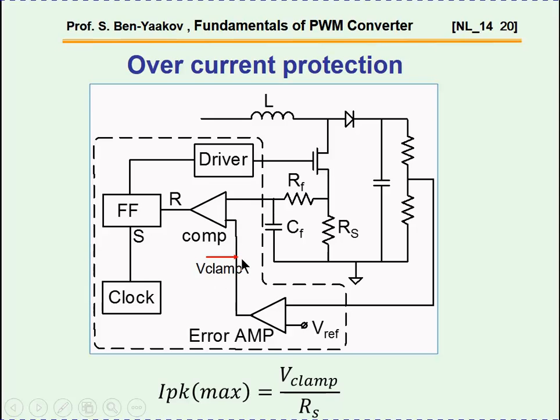So by clamping this voltage to a certain level, you are sure that the transistor current will never be higher than this level, I mean, after the translation to the voltage. So this is, as we call it, a cycle-by-cycle protection, which is, of course, very nice. The peak current of the inductor will not be higher than the V clamp, that is the voltage here, times Rs, which is the translation of the current into voltage.